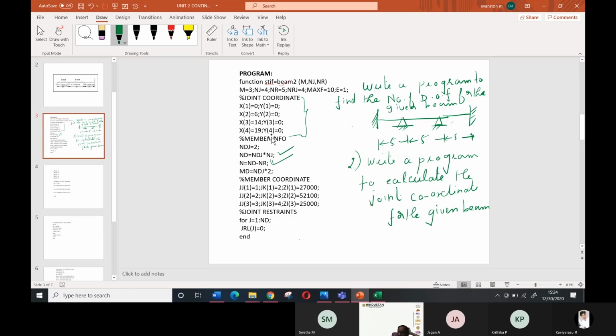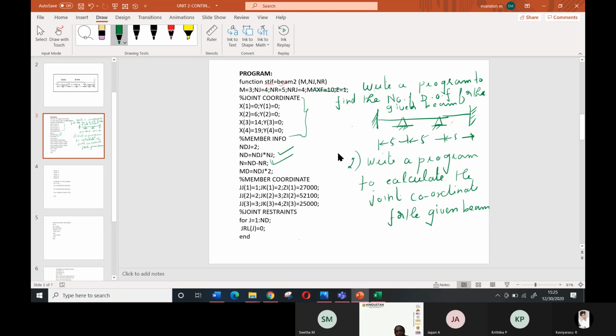Ma'am, how it is 10 there? No. This max F is not useful for this program now. You need not write these two things because it's not needed. When you go to the formulation of stiffness matrix, you need this max F. Maximum number of members.